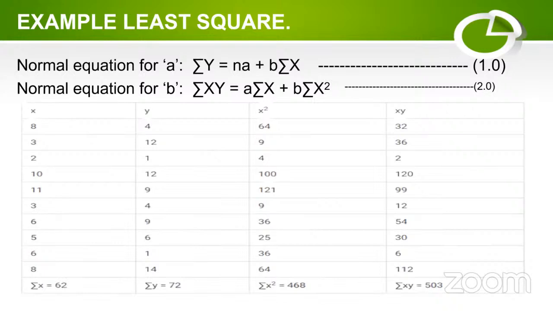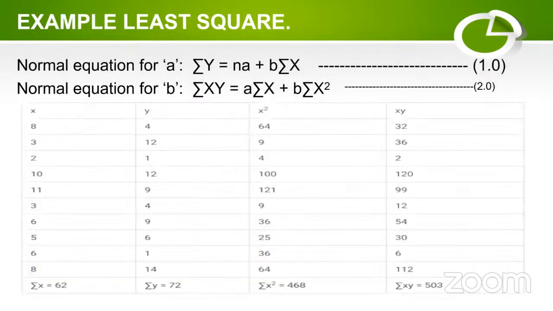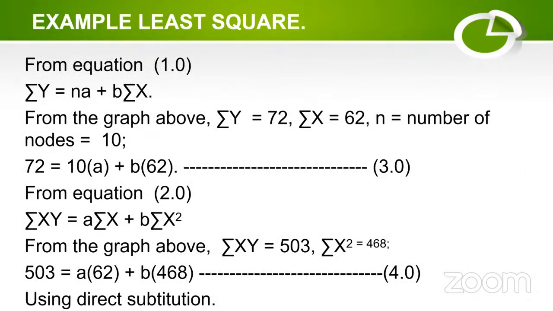Looking at this table, we derive the summation of x to be 62, the summation of y to be 72, the summation of x squared to be 468, and the summation of xy to be 503. Substituting these values into the equation, from equation 1.0, the summation of y is given as na plus b times the summation of x.